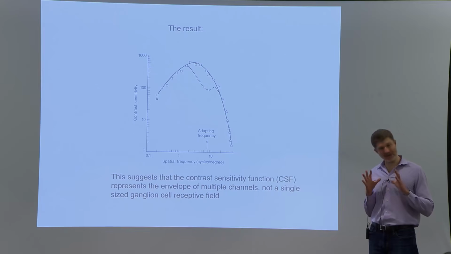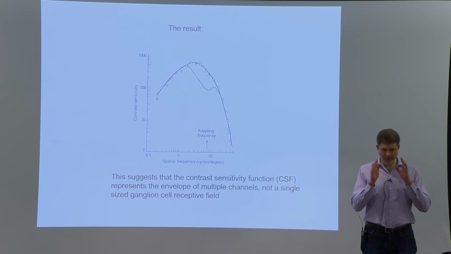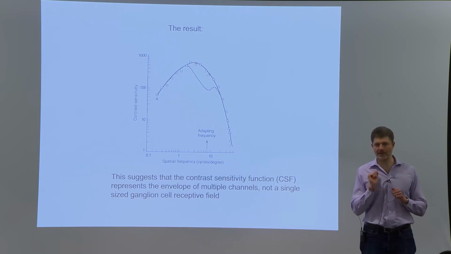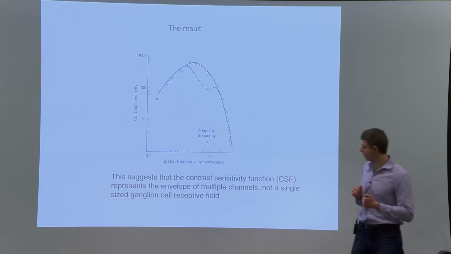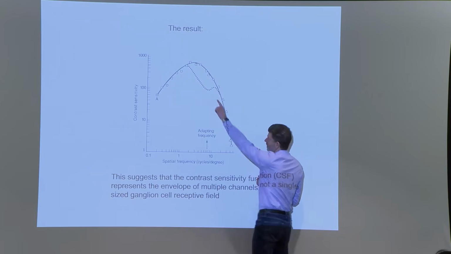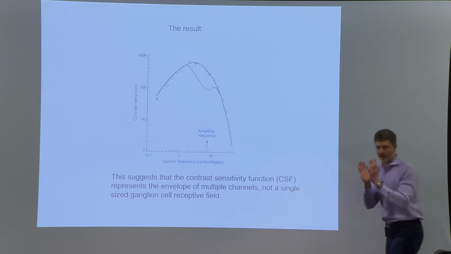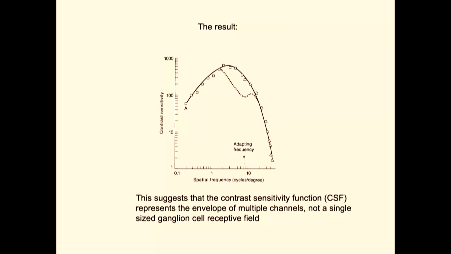To measure this with adaptation, you'd have to force people to look at the adapting stimulus, and then periodically make them do a detection trial, adapt them some more, have them do some more detection trials. You have to keep them adapted in order to do these measurements, right? So it's a long experiment. But the outcome would be a contrast sensitivity function that looks like this, where sensitivity is reduced in a local region of the spatial frequency spectrum.